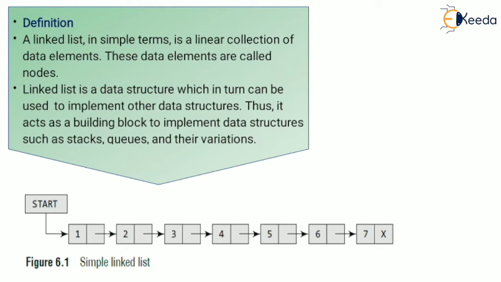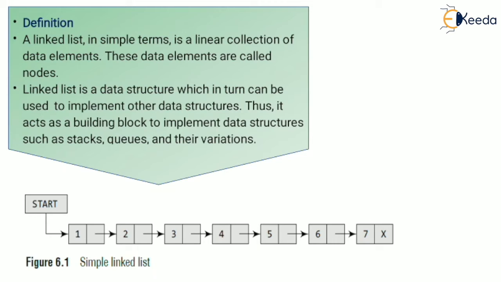Now, as you observe the figure, figure 6.1, in this figure, this is the first form of a simple linked list. In this simple linked list, we are creating a total of 7 nodes.